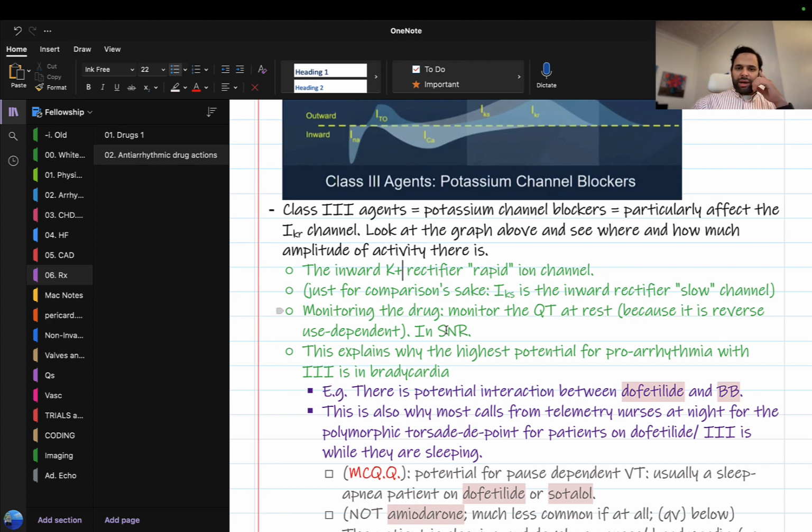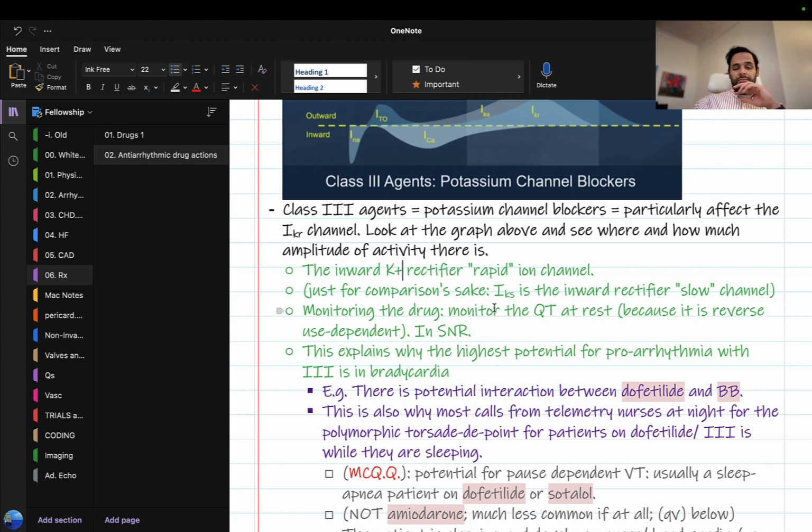Just for comparison's sake, the IKs is the slow rectifier channel. That's important because if you act on multiple channels, you can have different effects. But class 3 mainly act on IKr. We'll discuss the IKs in a bit.